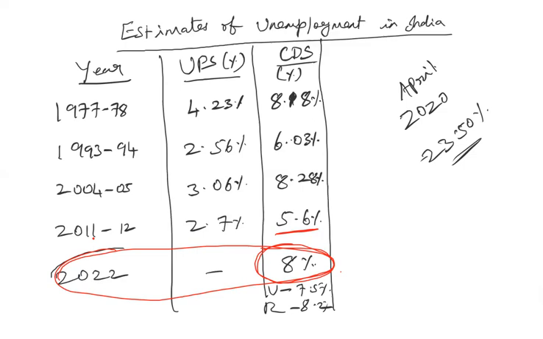Anyway, on the whole for India, the level of unemployment as of now is 8%. So in the next class, hope the concept is clear, all those weekly status, daily status and all. In the next class, we'll continue with the causes and consequences of unemployment.